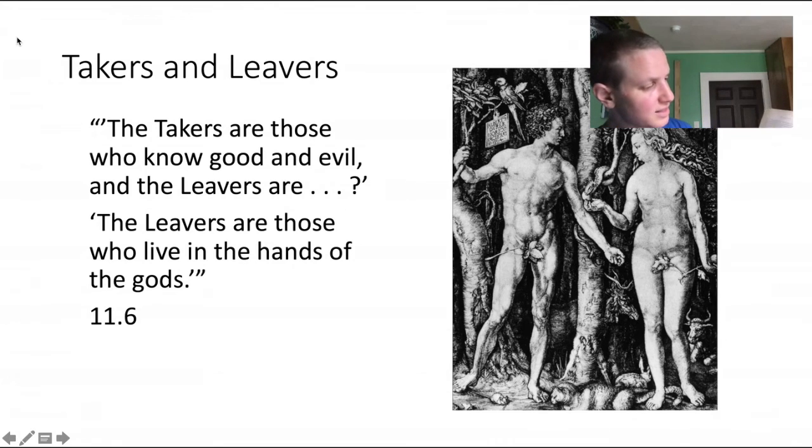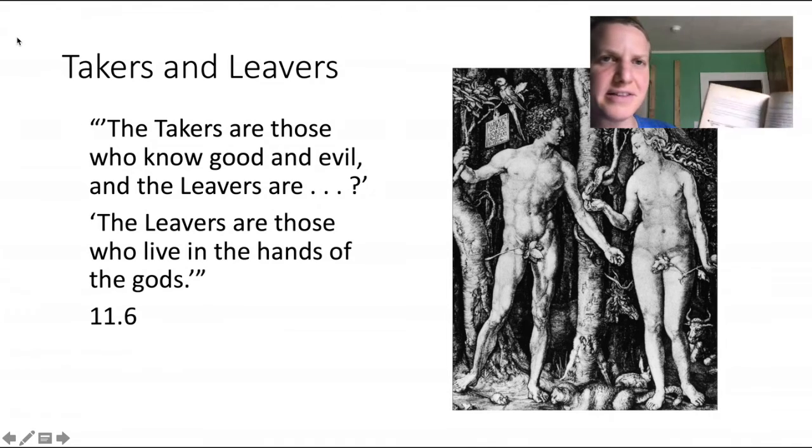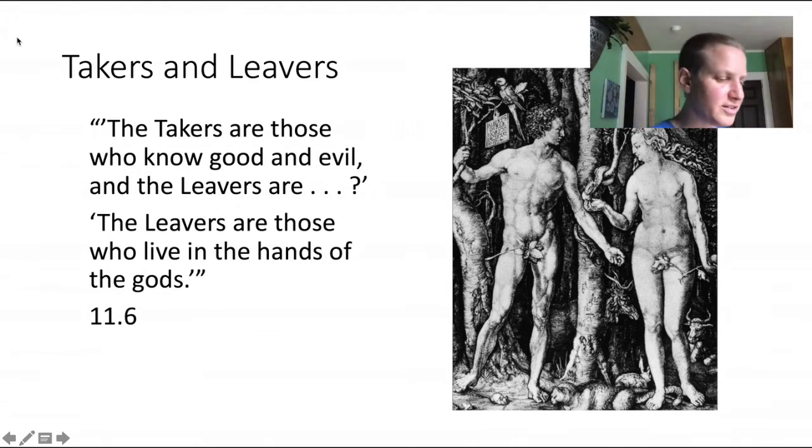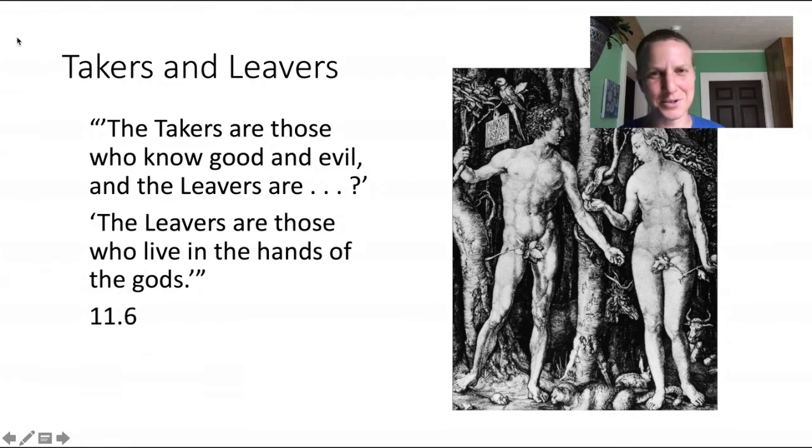And the takers are this recent offshoot, here about 10,000 years ago with the invention of agriculture. And so just a new way to think about history, and who's really normal, and who's the sort of unnatural part of this story.